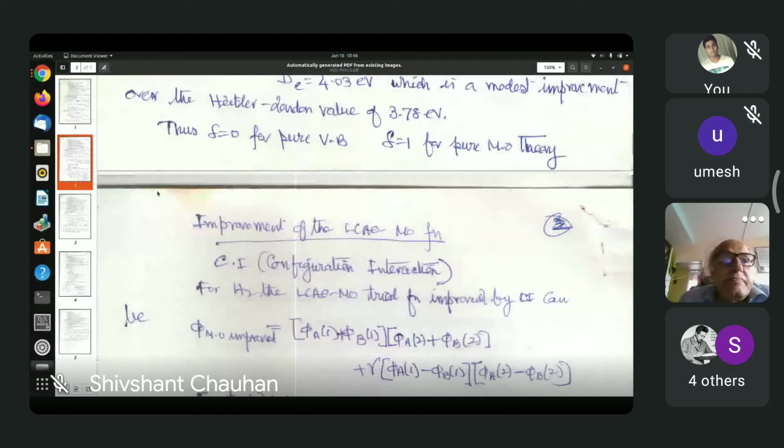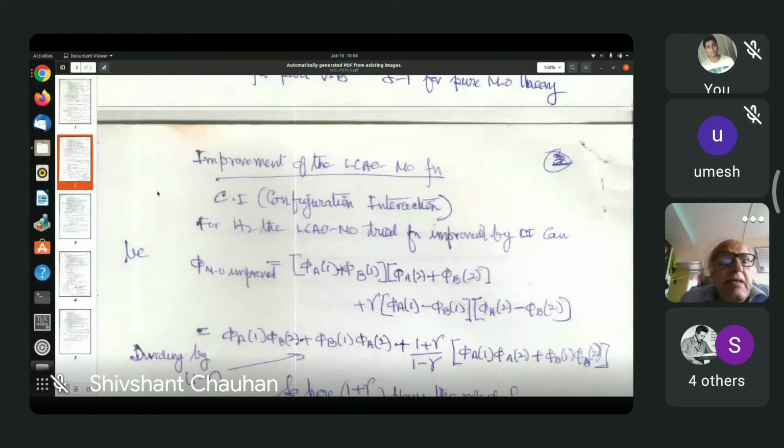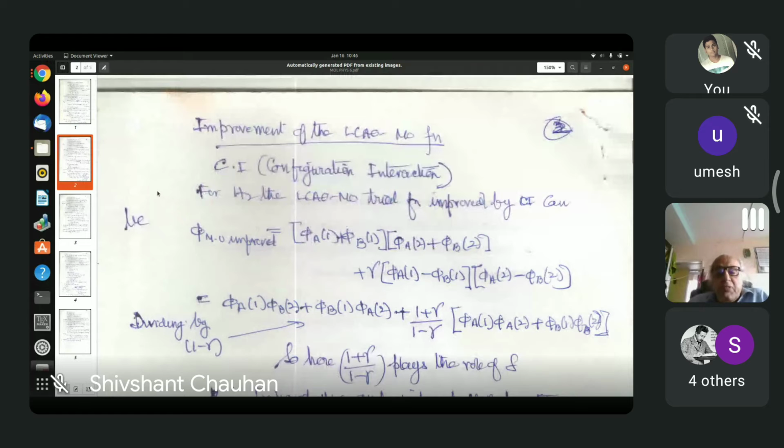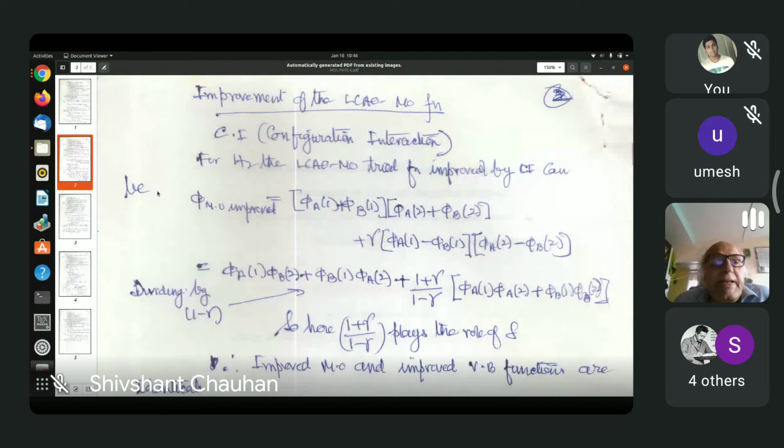Okay. Now see, what is the weakness of the LCAO-MO wave function? In the LCAO-MO wave function, if we expand it, you get 4 terms, in which the covalent terms and the ionic terms are on the same footing.